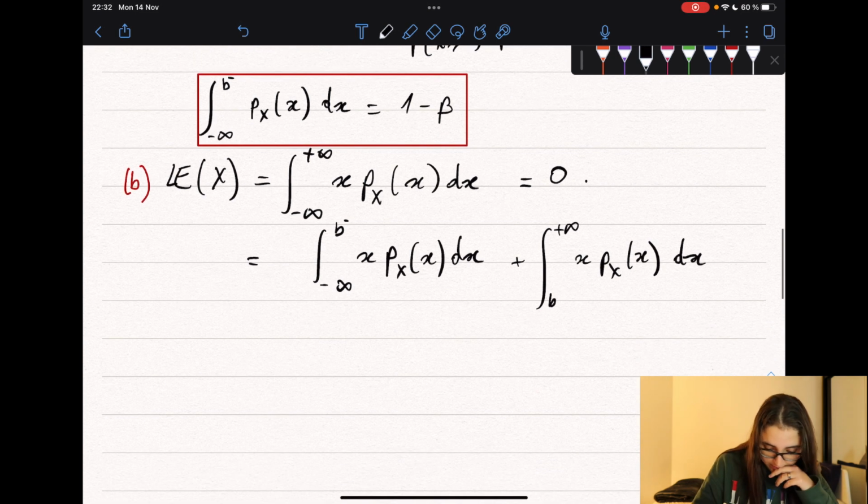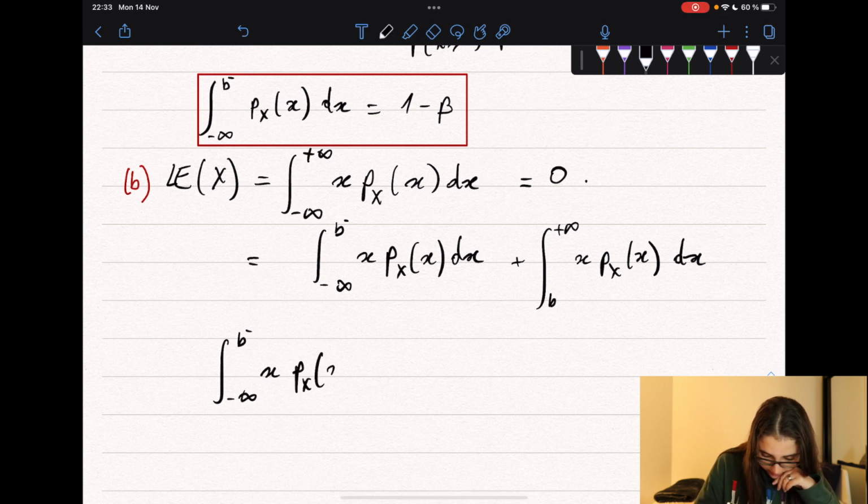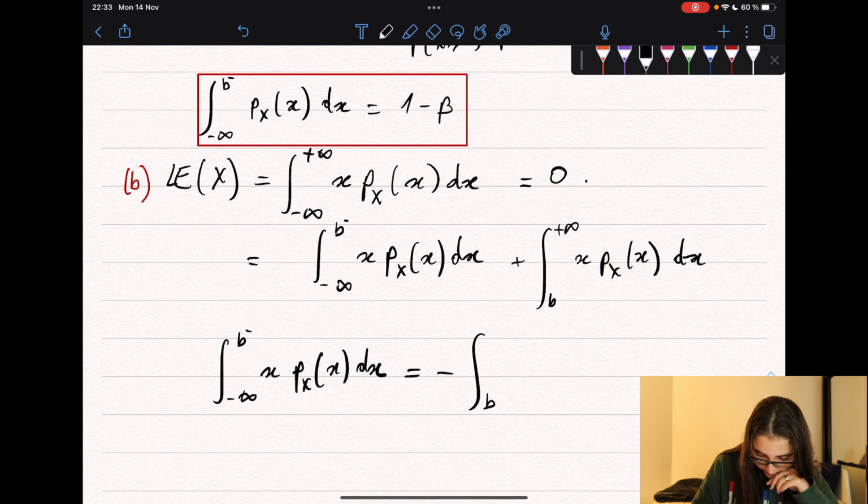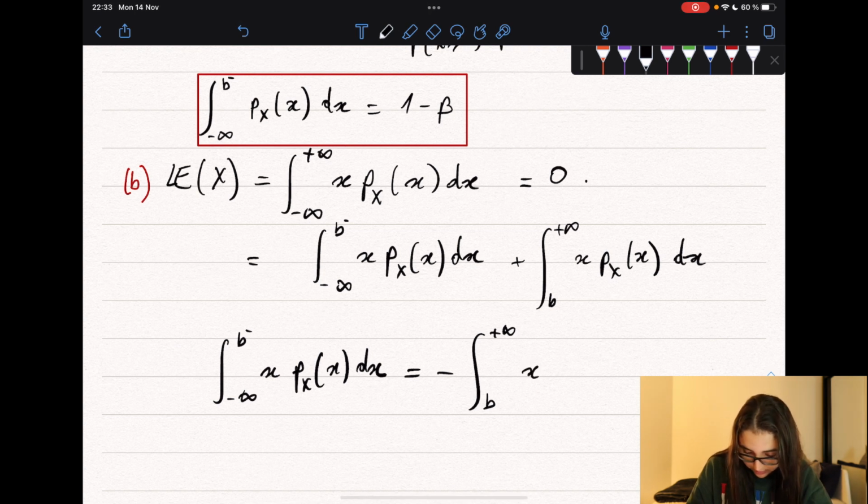Which means that ultimately the integral from minus infinity to b minus of x p_X(x) dx is equal to minus this integral right here.